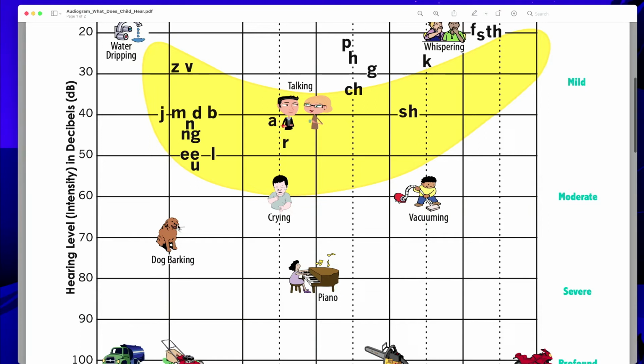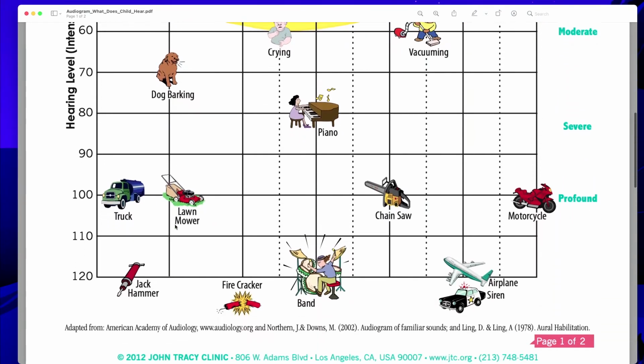Piano, the dog barking, it's low, but it's louder. And then down here we have really, really loud sounds like trucks, lawnmowers, and jackhammers. A rock band right in the middle, all the different sounds, the chainsaw, speed bikes, an airline, the siren, all of these things, extremely loud.